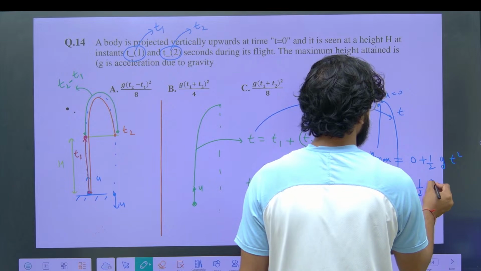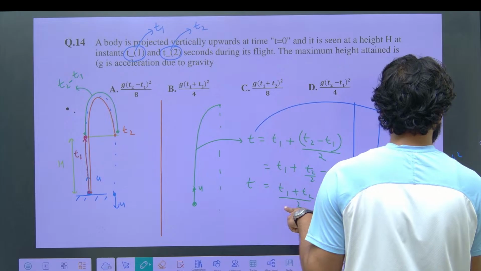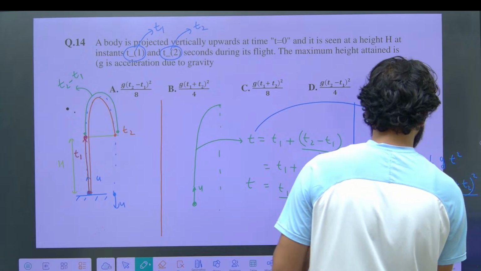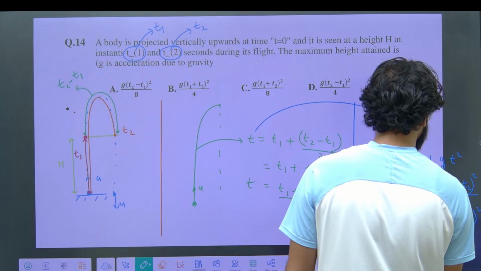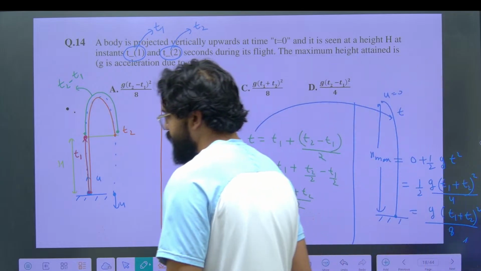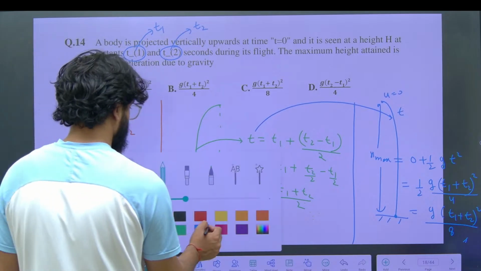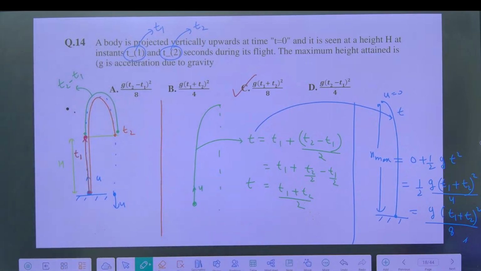So half into g into t square, what is t? This value, (t1 plus t2) by 2 squared, so that will become 4. So the answer will be g (t1 plus t2) whole square upon 8. Do we have options? Yes. Okay, yes.